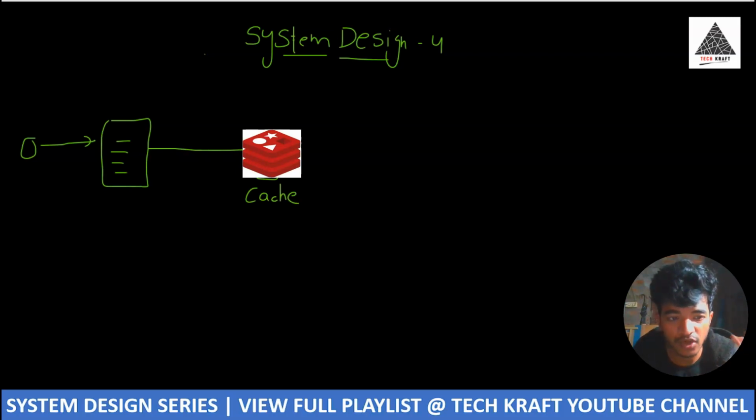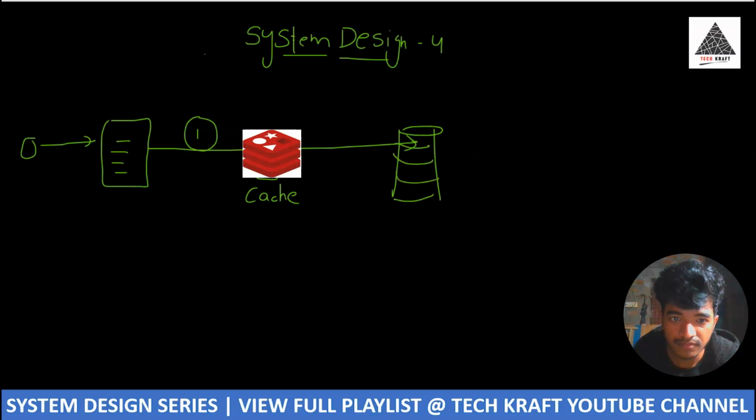If the data is not there in the cache, let's say this is the first step, then it will check in the database. This is the second step. If the data is present in the database, then the data is stored in the cache, and then the data is given to the web server.